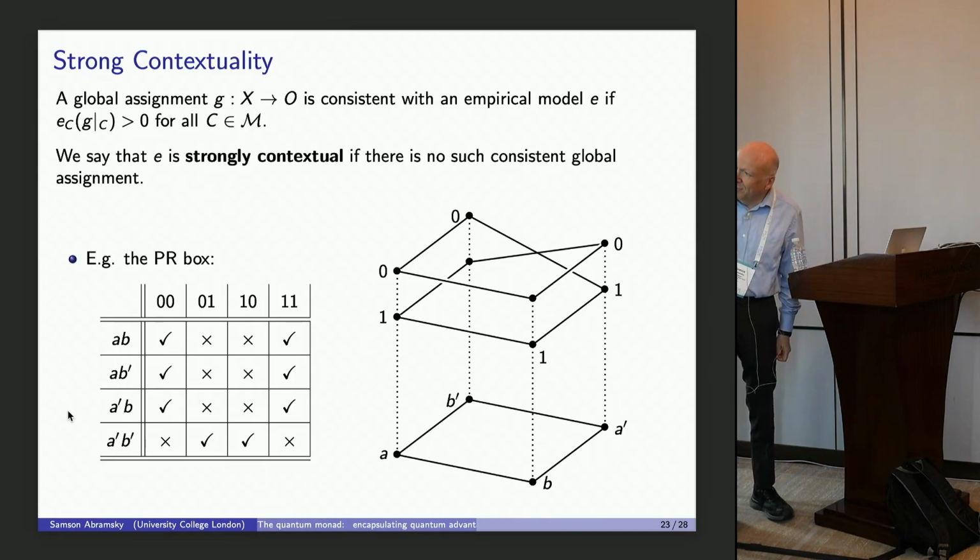So we have the variables here, we have a fiber above each of the variables with its possible values, and the edges here tell us which outcomes can possibly co-occur. So the things where you have ticks on the boxes. So you get correlated outcomes on 3 of the contexts and anti-correlated outcomes on the last of the contexts.